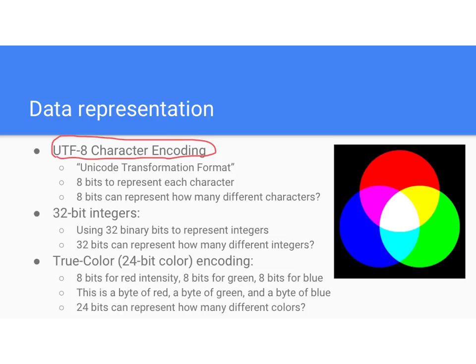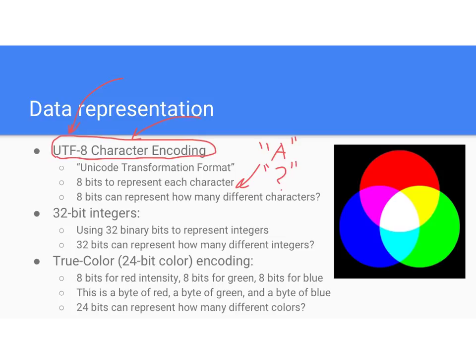And your computer is going to interpret that binary data as many possible things, but often as characters, letters of the alphabet, that are encoded using the UTF-8 standard. It stands for Unicode Transformation Format, and what we do is we use 8 bits to represent a single character, whether that character is a letter A, or a question mark.